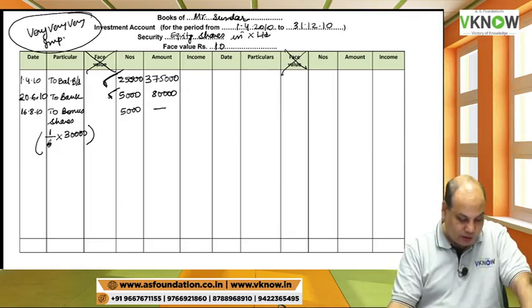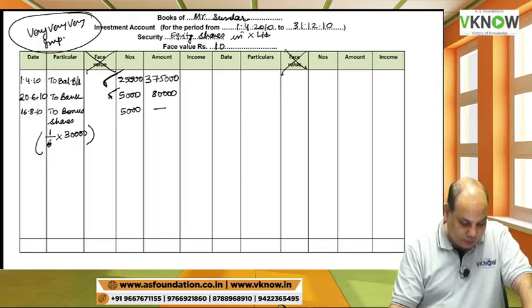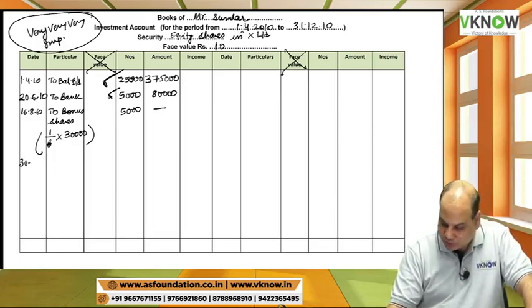Then in the next paragraph, the right shares. The last due date of payment is 30th September.